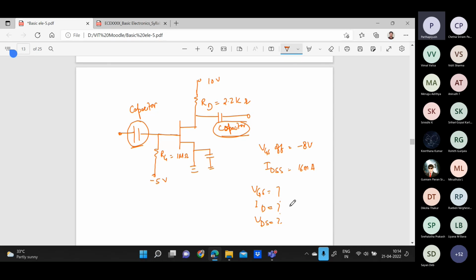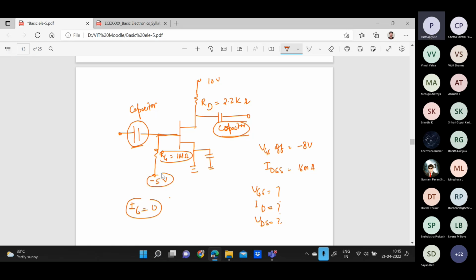Here they are saying the gate current is 0. There is no flow of current here. IG is equal to 0. If there is no current here, what will happen?